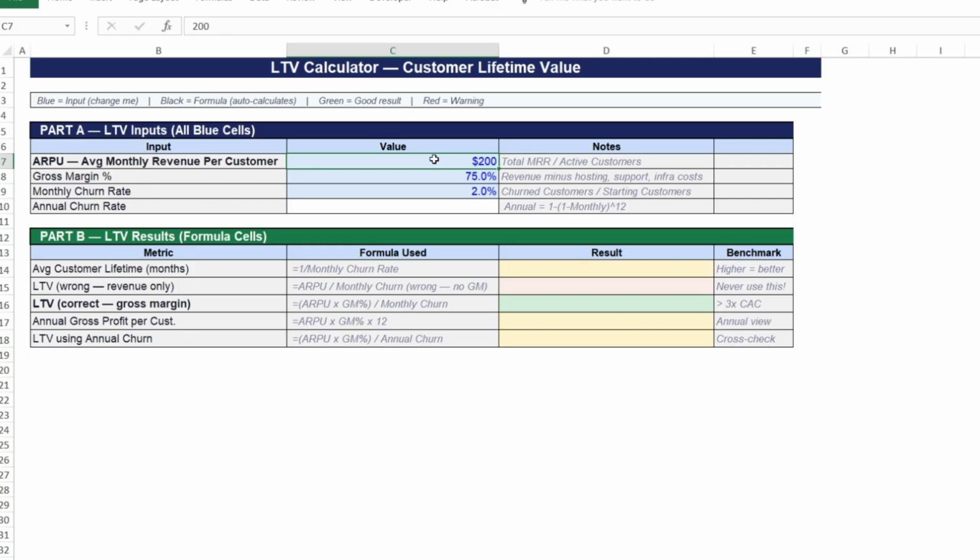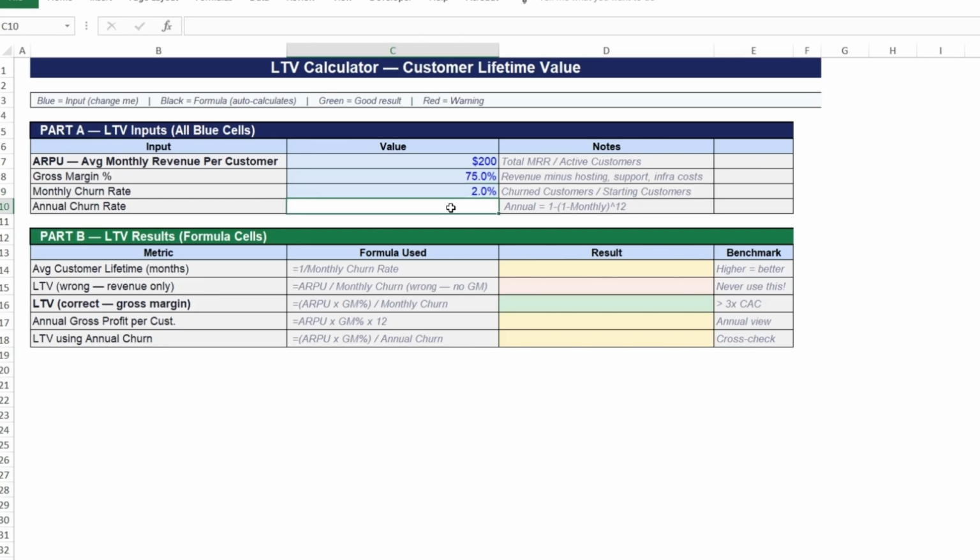Now, let's look at how we can calculate our LTV, which is customer lifetime value. In this example, we have our ARPU, which is $200, our gross margin is 75%, and our monthly churn rate is 2%. Since we are going to calculate our LTV on an annual basis, we first need the annual churn rate.